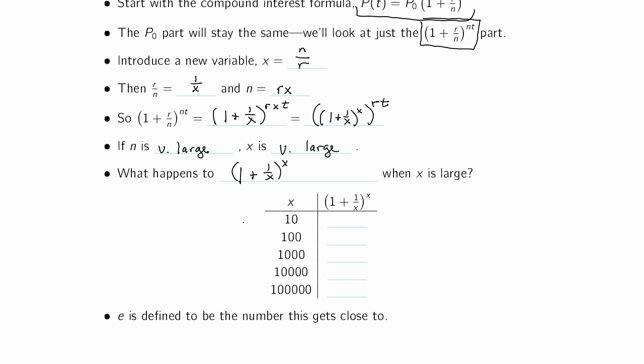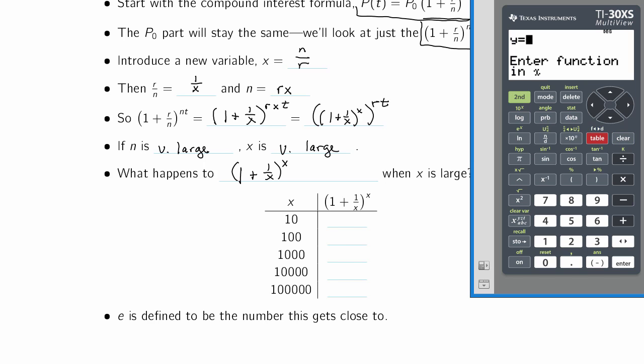Well, let's use our calculator and see what happens when we plug in very big numbers for x. I'm going to use the table function. So I have 1 plus 1 over x, all raised to the x power. And I'm going to set my table and enter these first three x values that I have here.